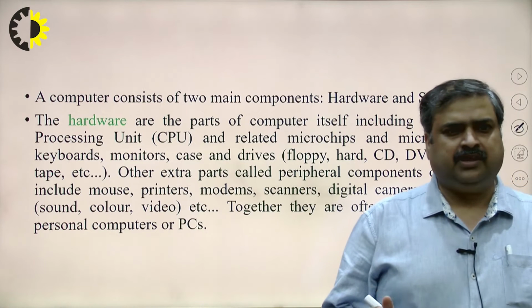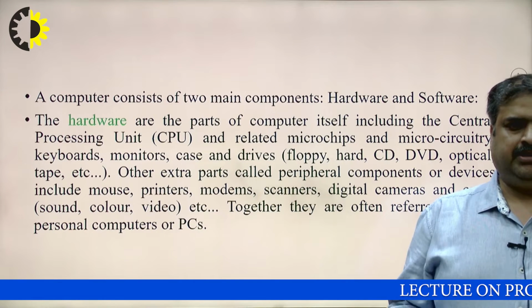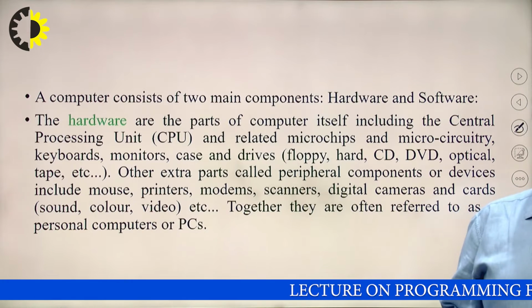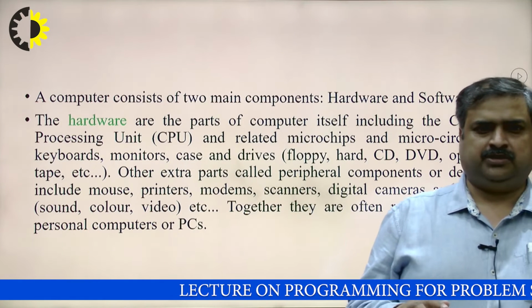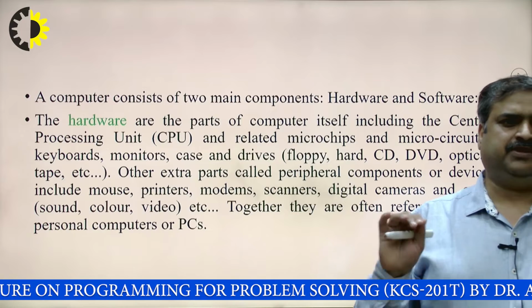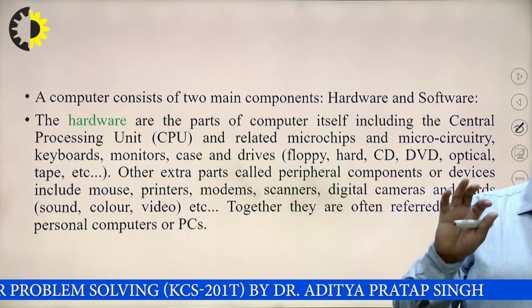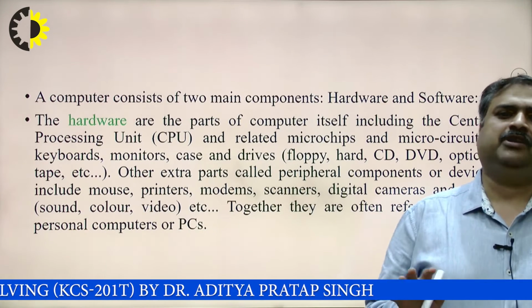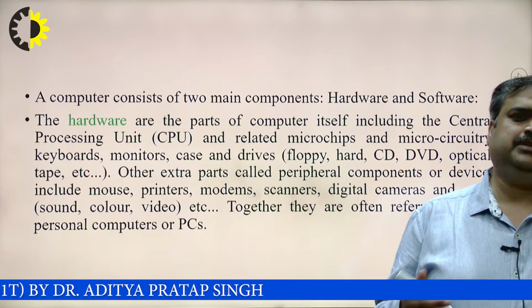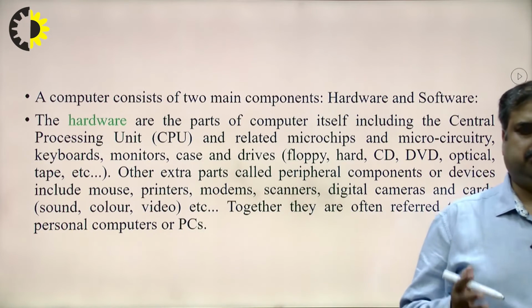Hardware is basically the parts which are visible to us. They include the CPU related microchips, motherboard, and different ports like USB ports and CD, DVD ports. These are hardware parts which are physically visible to us, like keyboards, mouse, and monitors.